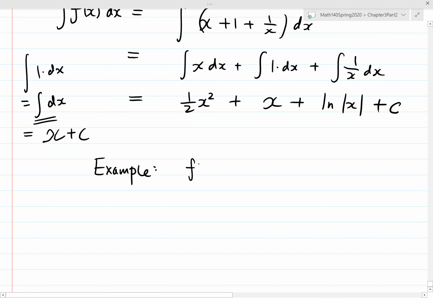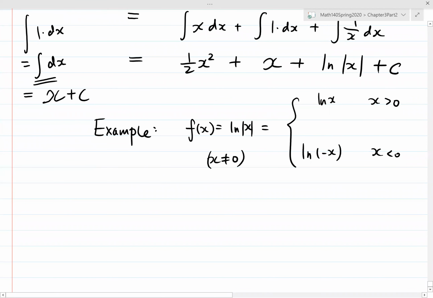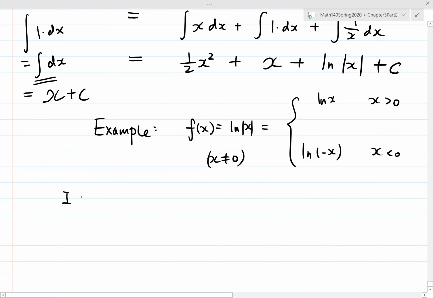So if you let f(x) be ln of absolute value of x, it has two pieces. Here x is non-zero, it's undefined when x is 0. When x is positive, this will be ln x. If x is negative, then this will be ln of negative x. If you check, if x is greater than 0, then the derivative of f is the derivative of ln x, which is 1 over x.